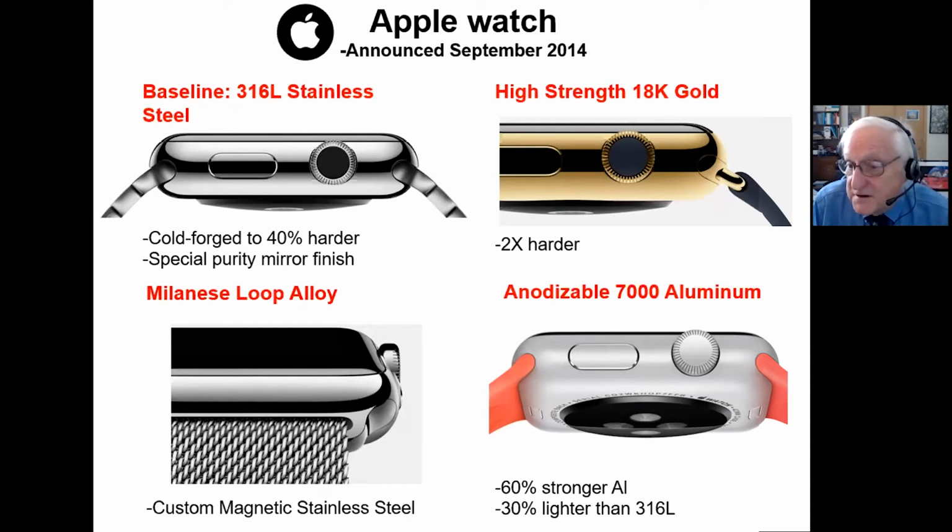These 4 alloys were created concurrently with the design of the device and delivered in less than 2 years from acquiring the technology that enabled it. And the anodizable 7000 aluminum alloy made its way into the 6S iPhone and on, so that it has since been estimated there's now a 50% chance that you have a computationally designed material in your pocket.